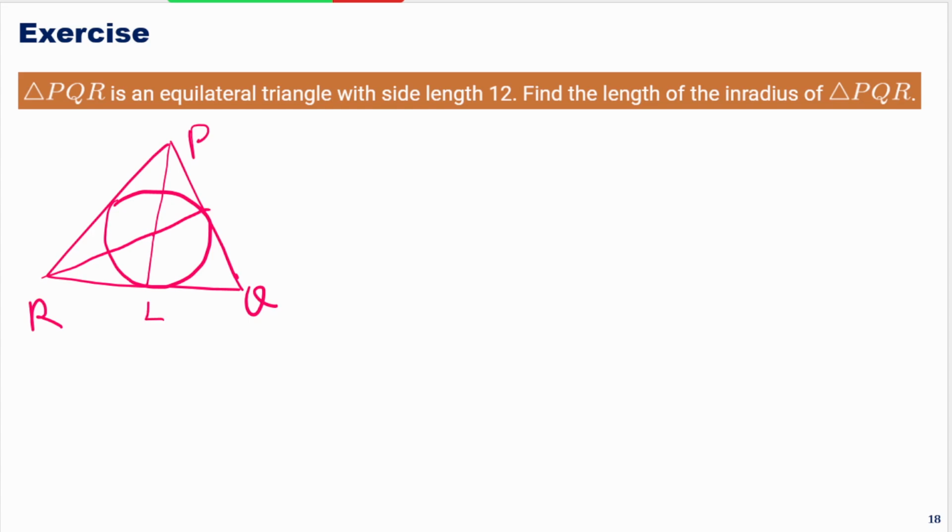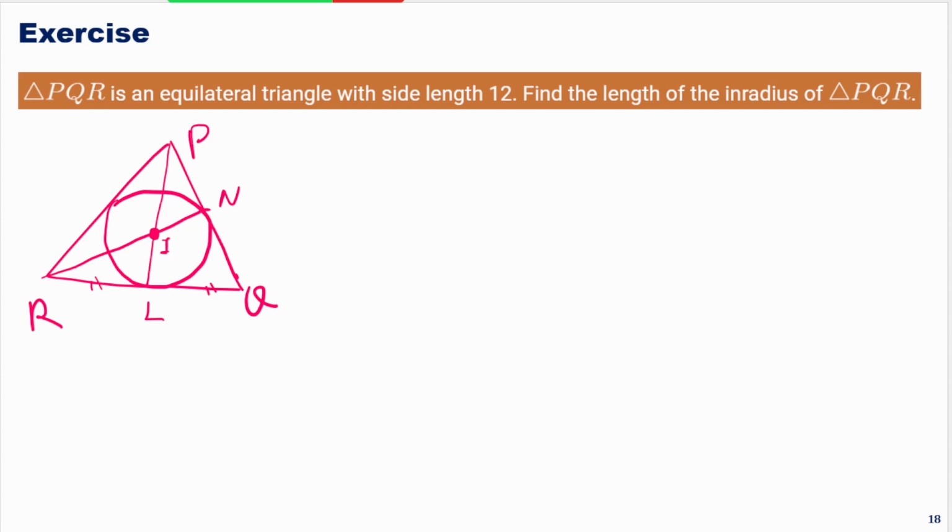So let's call PL the angle bisector of angle RPQ, and RN the angle bisector of angle PRQ. Since angle bisectors in an equilateral triangle are also medians of the triangle, L is the midpoint of RQ, and the incenter I is also the centroid.